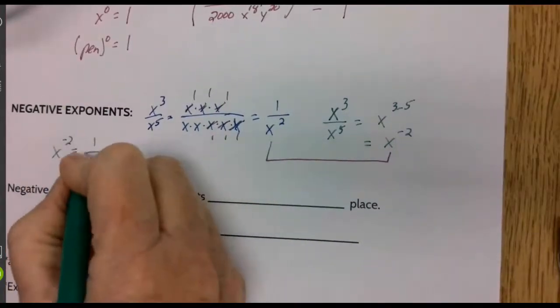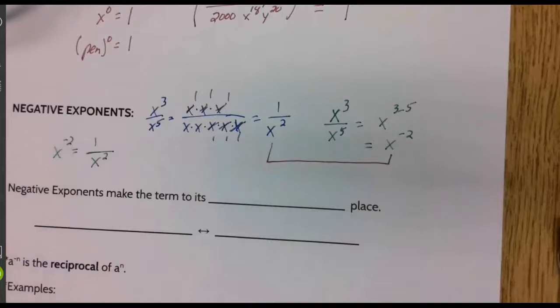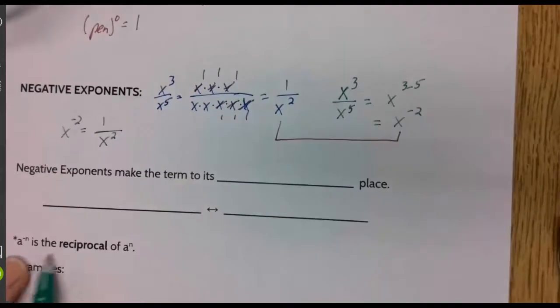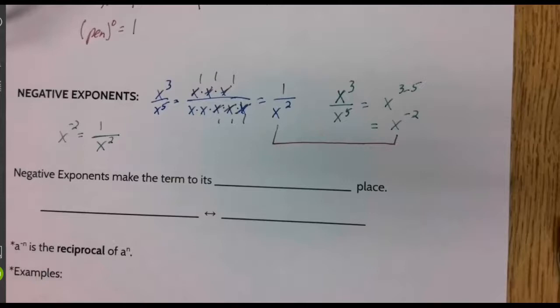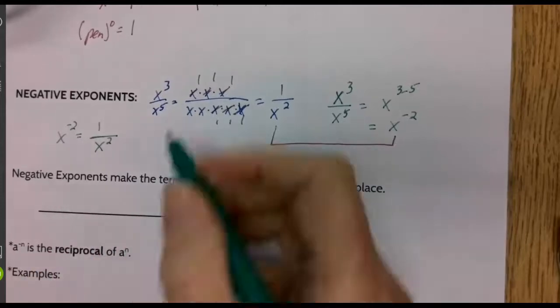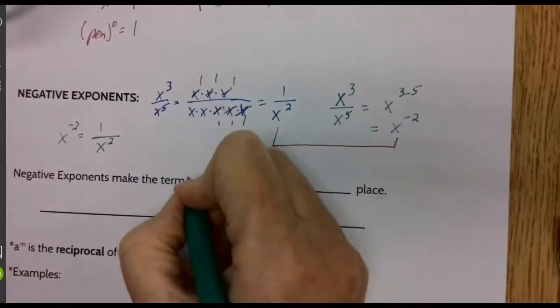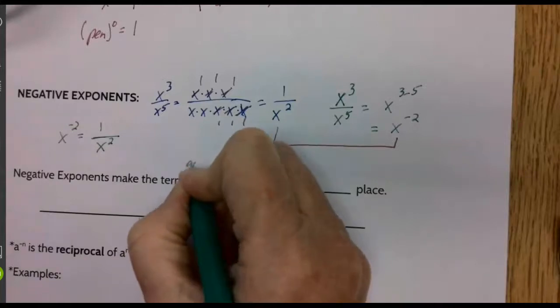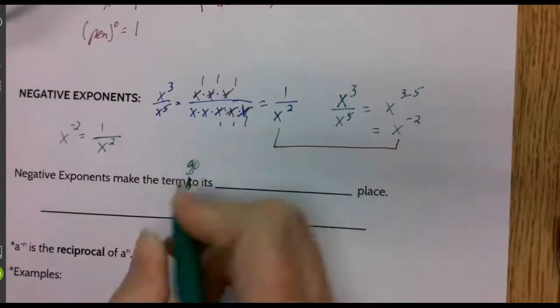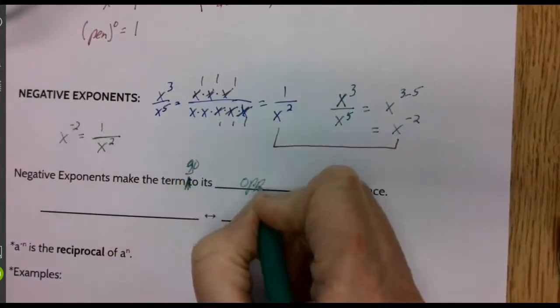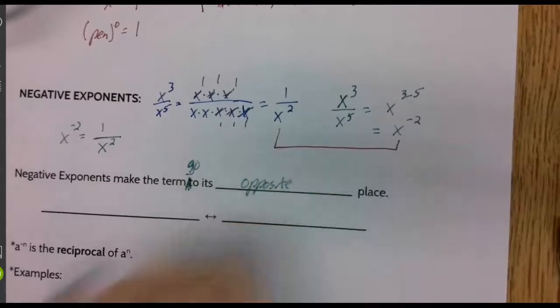Here's the way I like to think of it. You can do this too. Negative exponents make the term go, I forgot a word there, that means to say go to its opposite place. I'll show you what I mean.